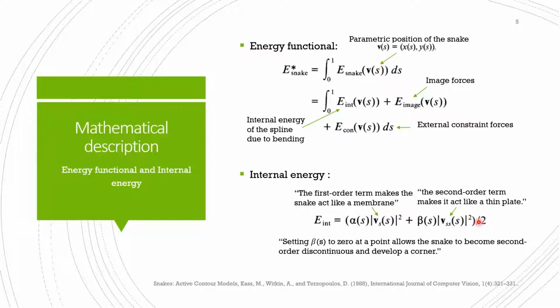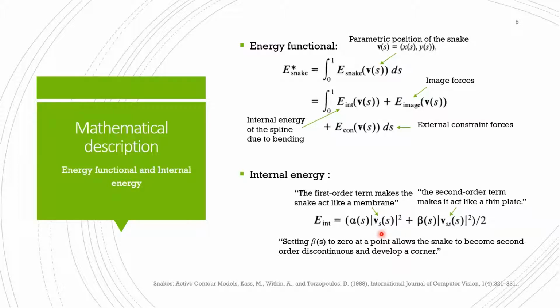Now this alpha and beta are the weight parameters. They control the stiffness and elasticity of the snake, how you want the snake to behave. This alpha and beta are also positional parameters of the snake, so at different points of the snake, they can vary.